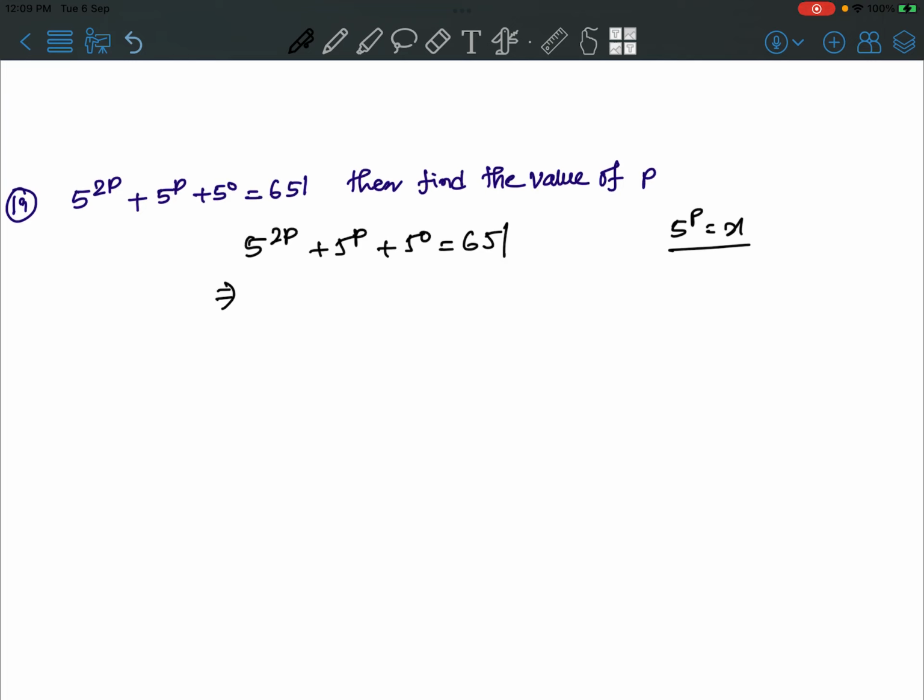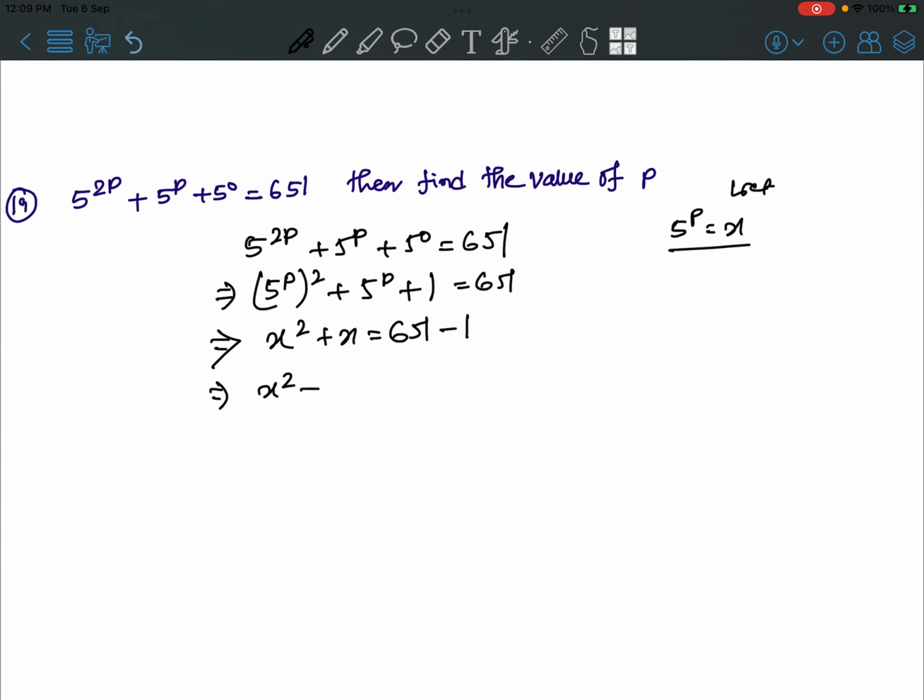Anything you can take, x, a, b, any variable you can take. Let 5 to the power p equals x, which means (5 to the power p) whole square plus 5 to the power p plus 1, because as I have already said, any number with a power of 0 is equal to 1, then it equals 651. x square plus x equals 651 minus 1.